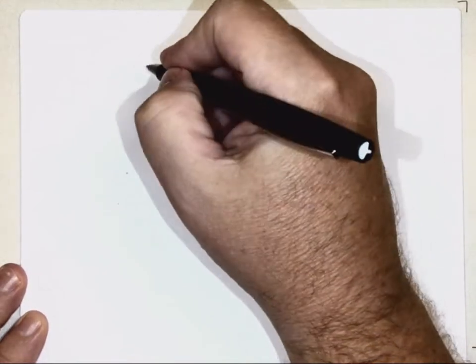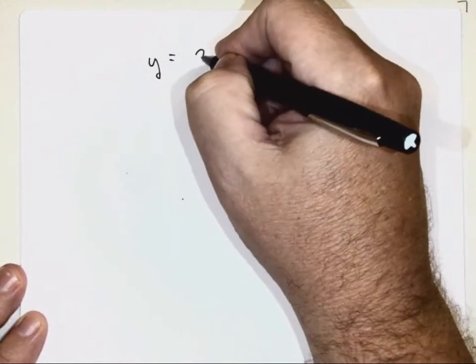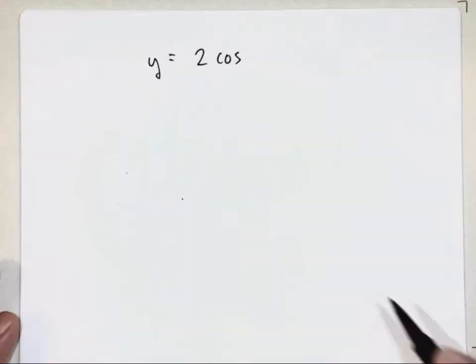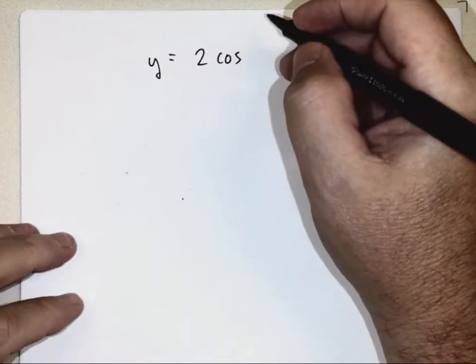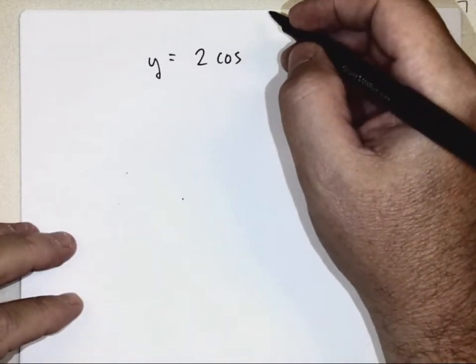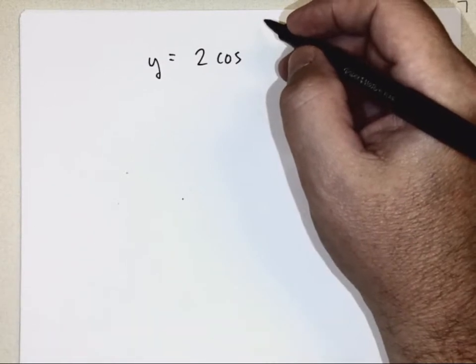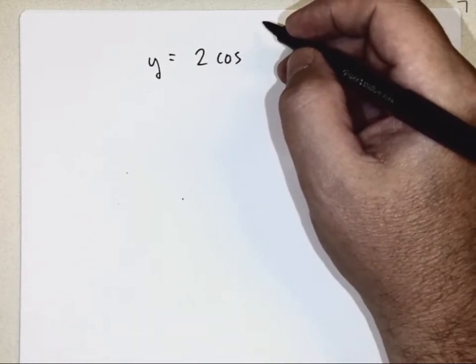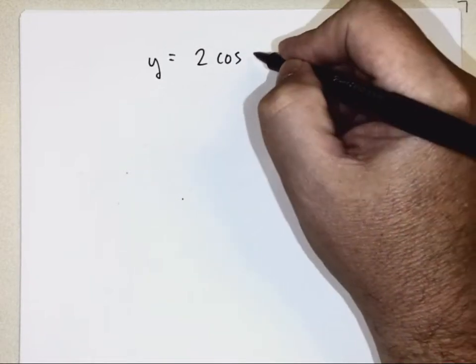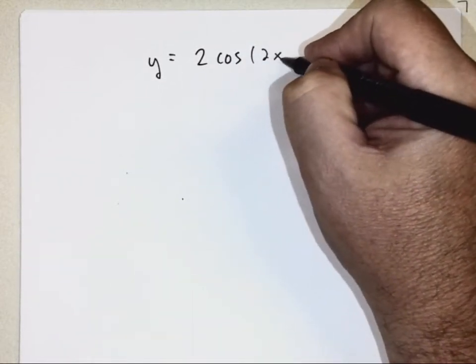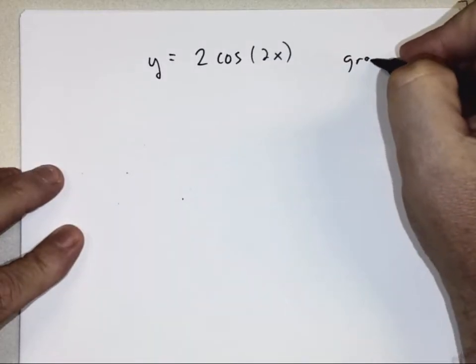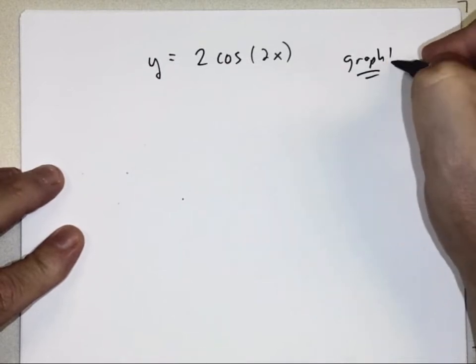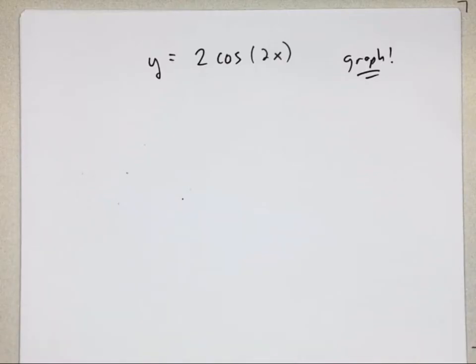So let's say y equals 2 cosine, and how about... we're asked to create the graph of this.